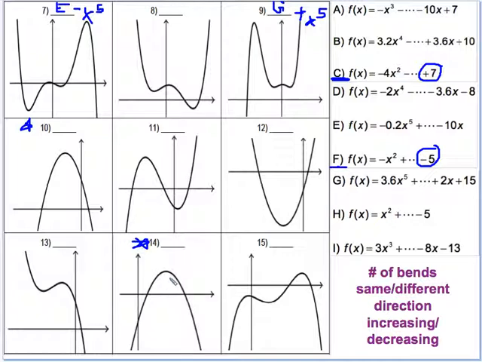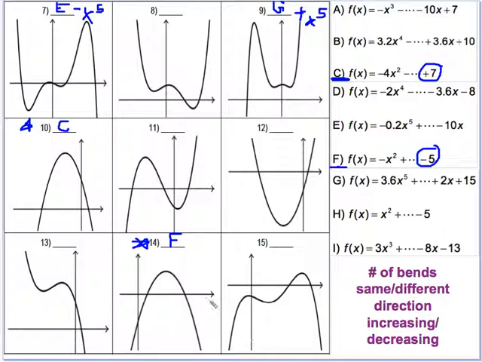Number 10 you can tell is much higher than number 14. So even without looking at the answer sheet or knowing what's in the middle of your graph, 14 is most likely going to be F, and 10 is most likely going to be C.